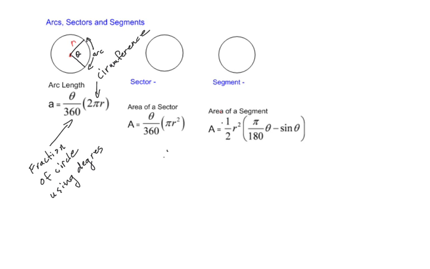When we're talking about the sector, we're actually talking about kind of like a piece of a pie again. If you think about it, we have our central angle, just like before, but this time what we're calculating is not how far we've gone along the outside of the circle, but rather the full area created by the central angle, i.e., I need to know the area of the slice based on the angle that's been used.